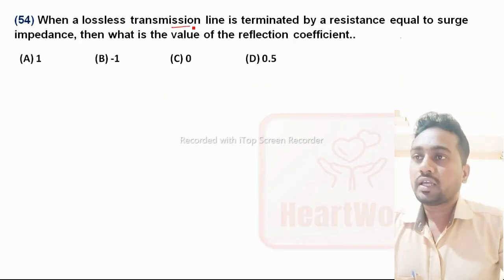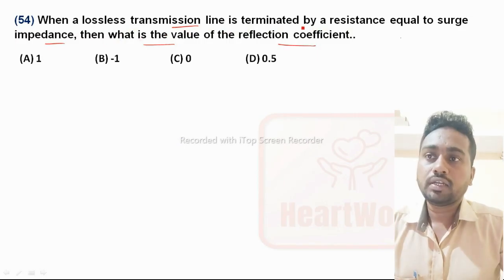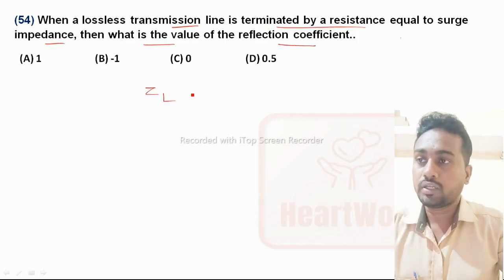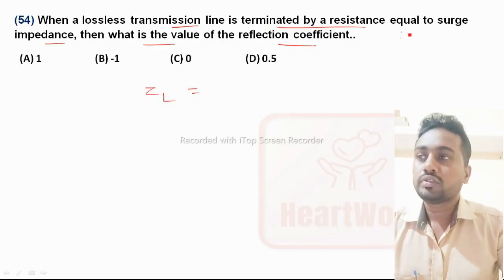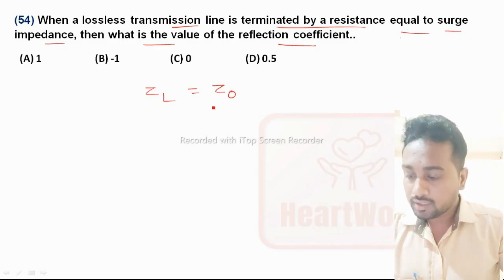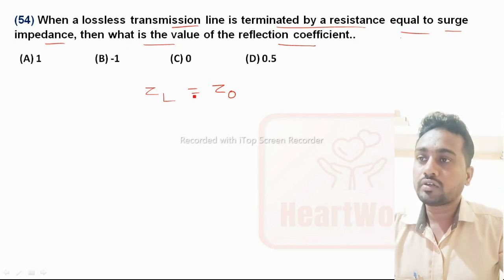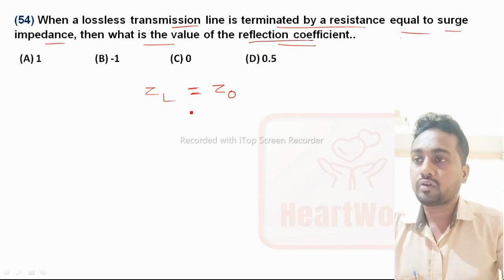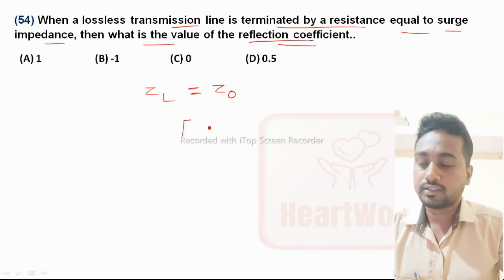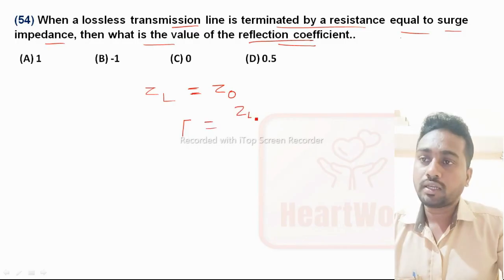When a lossless transmission line is terminated by a resistance equal to the surge impedance, what is the value of the reflection coefficient? The load impedance ZL equals the surge impedance, that is the characteristic impedance Z0. The reflection coefficient is rho equals ZL minus Z0 divided by ZL plus Z0.